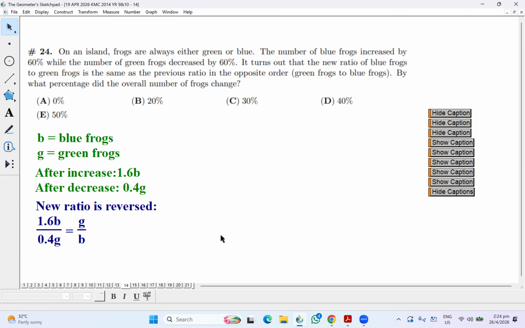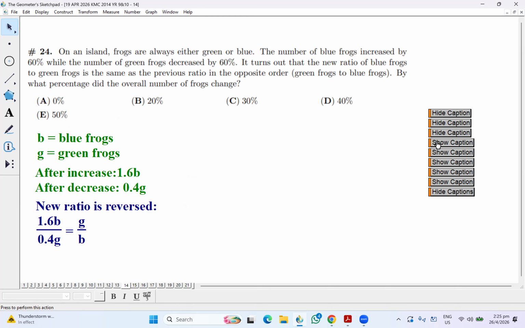Then new ratio, green to blue, new ratio is 0.4 G to 1.6 B. Okay, green to blue, new ratio. It's a new number after the changes.